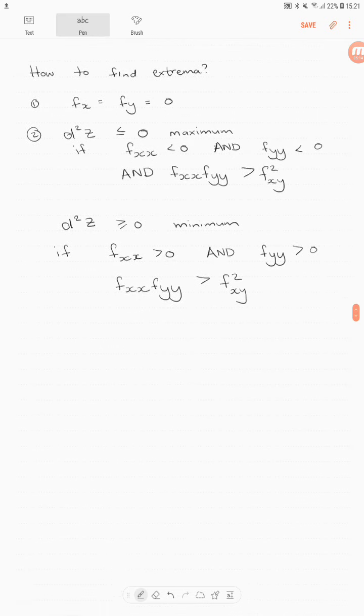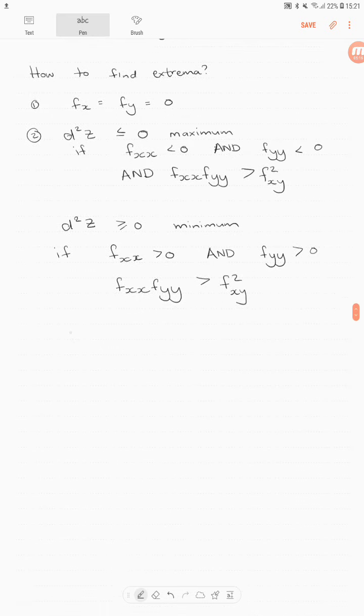We have a third option, so if d squared z is equal to 0, this is called a saddle point. And this can happen if fxx fyy is smaller than fxy squared.